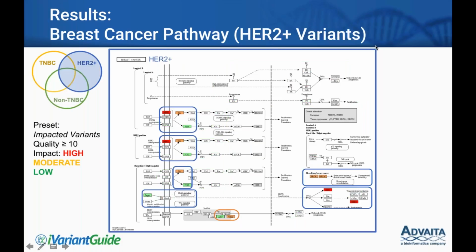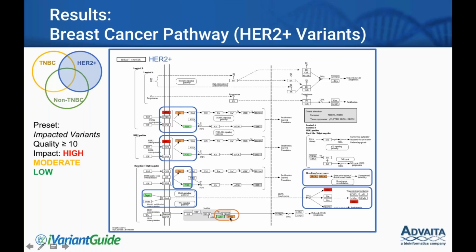So for example, for HER2, the shading actually contains all the variants on the breast cancer pathway in any HER2 subtype variant, but within the blue boxes, all of these variants are unique specifically to HER2 samples.